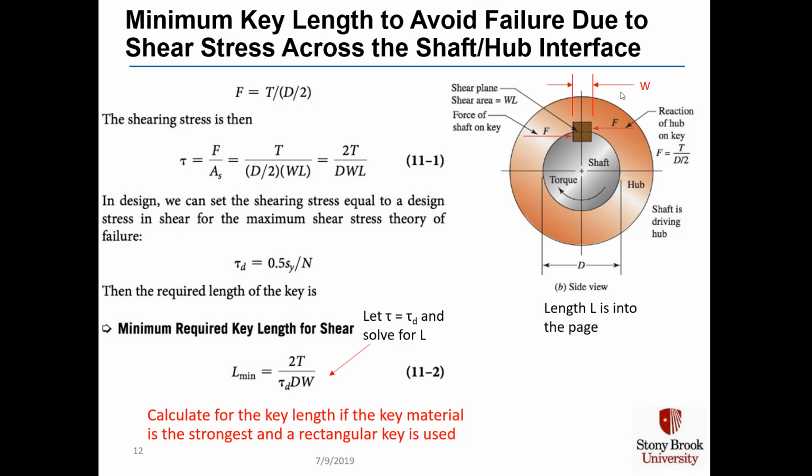And then the required length of the key, by letting tau equal tau d and solving for L, is that the minimum key length L is 2 times the torque T divided by the design stress times the diameter of the shaft times W, the width of the key. You use this formula to calculate the key length if the key material is the strongest and a rectangular key is used. In other words, the key material in this formula is stronger than the shaft or the hub material.